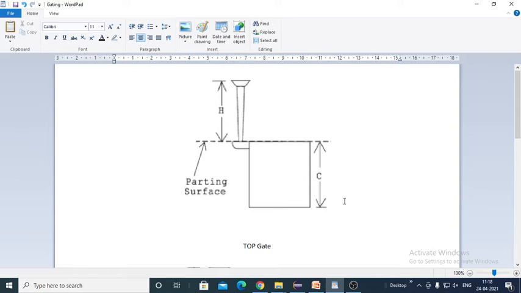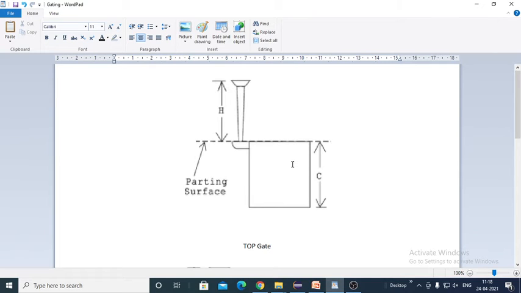Now let us see the types of gates. So there are three types of gates here: the top gate, the bottom gate, and the third one is the parting line gate. If you see the first image, this is the top gate.